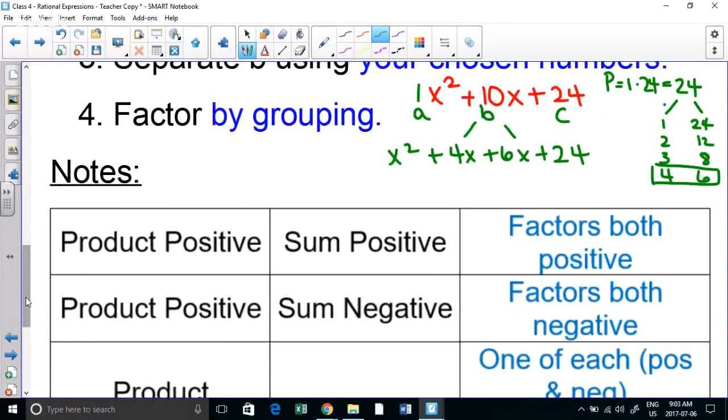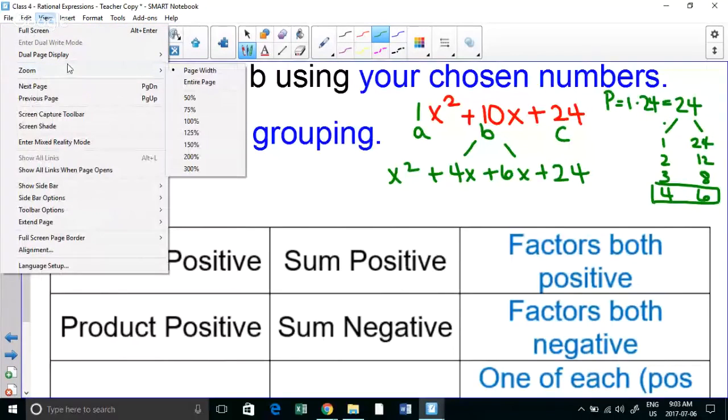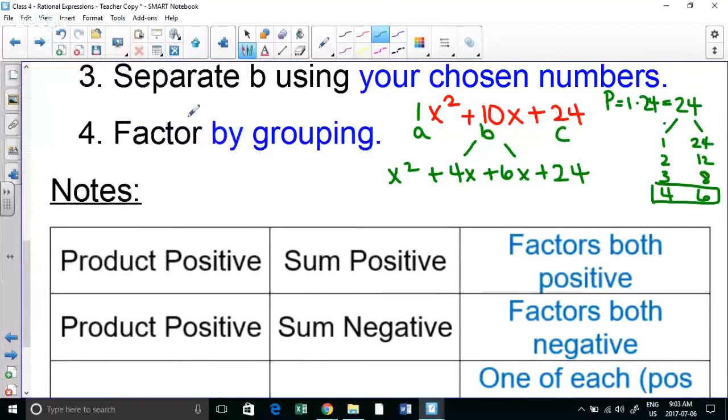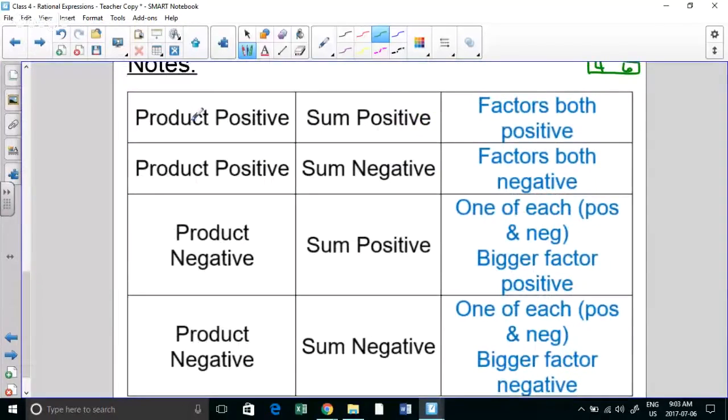Just a couple of general notes. In this example, you had a positive and a positive. That's not always going to be the case. That's actually rarely going to be the case. So there are just some general notes about how to decide which factors you want to deal with. You can use this table, and if you want to, you can put this table on your memory aid.